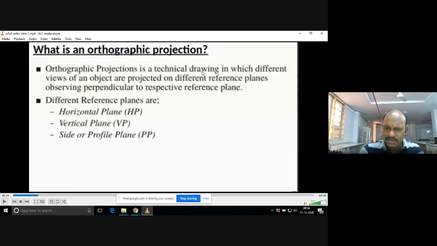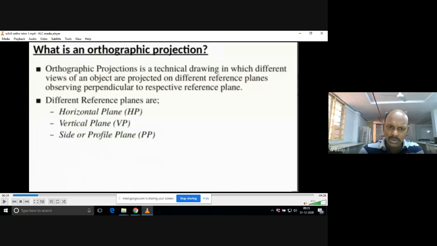That means we are drawing. Technical drawing means a little bit precision drawing. With the help of instruments we are drawing, okay, with accuracy. So we are drawing three views, basically three views. There may be so many other views, but primarily we require three views to say whether this is a cell phone or a pyramid or any cylinder, or what is the object.